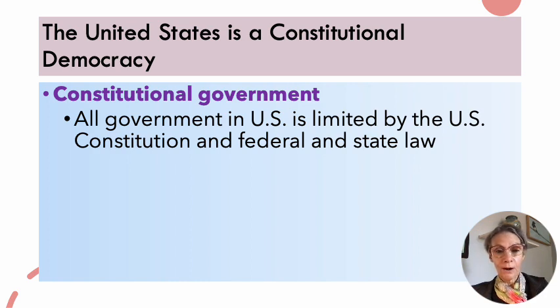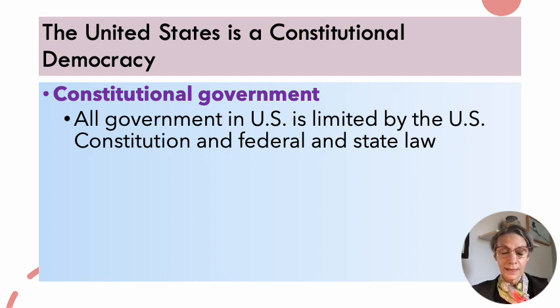So we better put a lot of guardrails in place, preventing people, particularly those in government, from abusing their power. And the way they did that was formalizing it in a document called the United States Constitution, which basically tells each branch of government the powers that it has, the powers that it doesn't have. And then there are consequences for violating the United States Constitution and federal and state law.